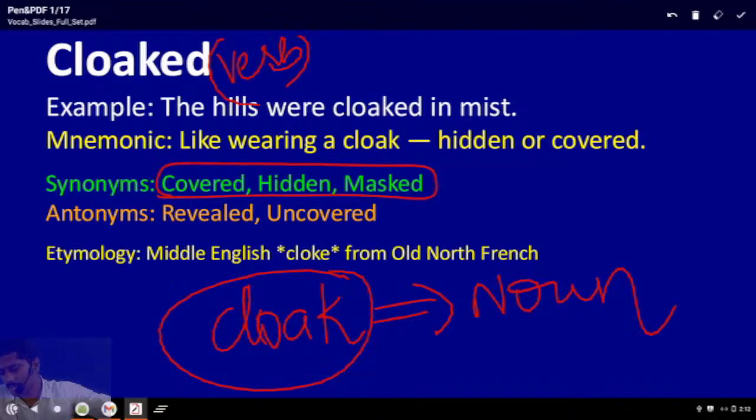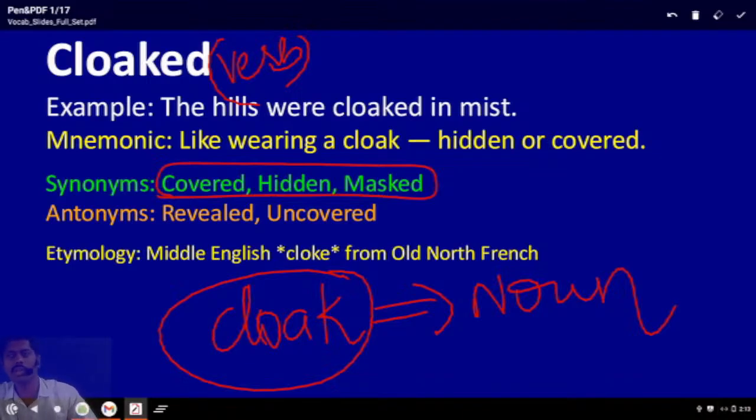Earlier there were curtains in front of every cinema theater screen. Have you ever seen a curtain? The curtain would raise, then the movie begins. Afterwards the curtain would come down. So it is cloaked. The cinema theater screen is cloaked by a curtain. Cloaked by a curtain means hidden by or covered by.